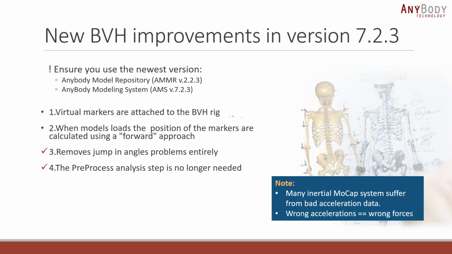But it's really easy to recognize. If you have, for example, a model doing gait, and you plot the accelerations of the center of mass, or just the pelvis frame in your BVH model, and those accelerations look weird, you cannot expect to get real forces, because force is mass times acceleration. So if you have bad accelerations, you will get bad forces.